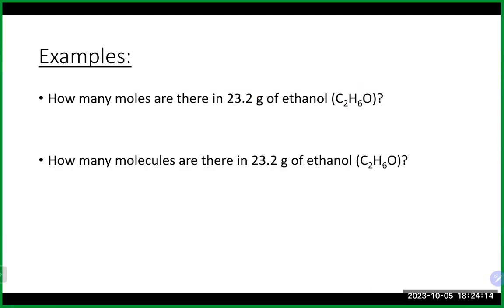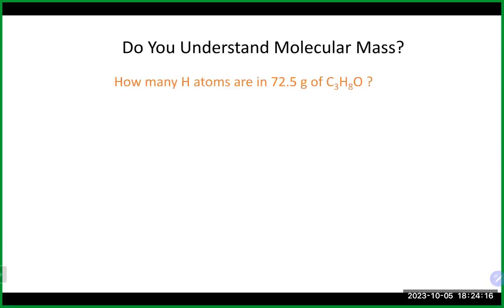So let's take a look at this problem here. In this case, we want to know how many atoms of hydrogen, or hydrogen atoms, there are in 72.5 grams of C3H8NO. One of the keywords here is atoms, so again we're going to need Avogadro's number.